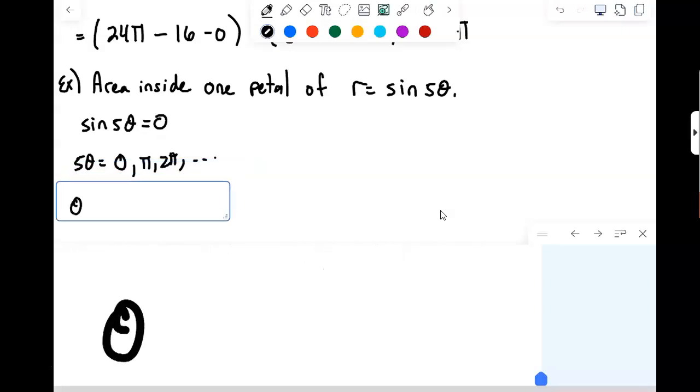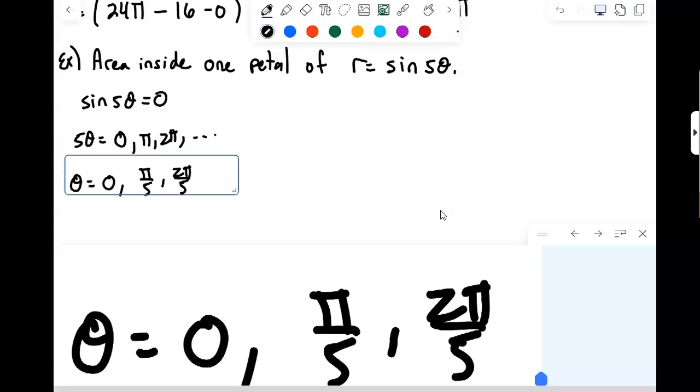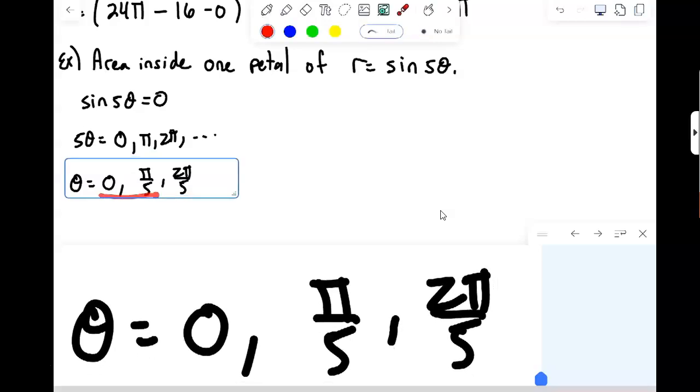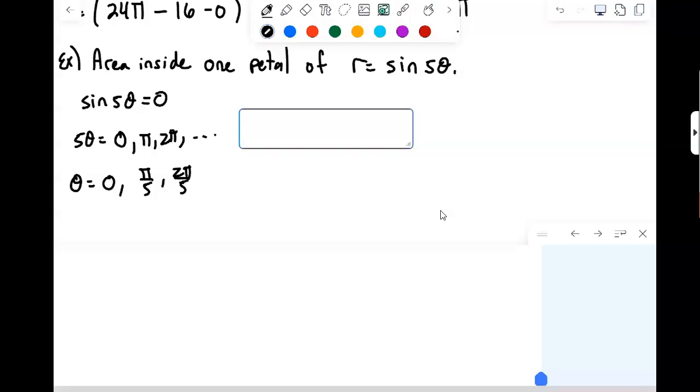So that would make theta be 0, pi over 5, 2 pi over 5, and so on. But the only ones we need here are the first two. So that first value is happening at pi over 5. So to get the full area, it would be the integral from 0 to pi over 5.